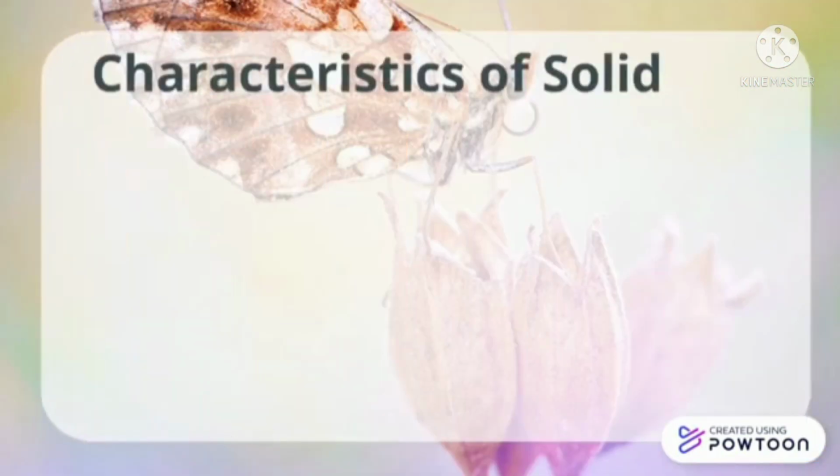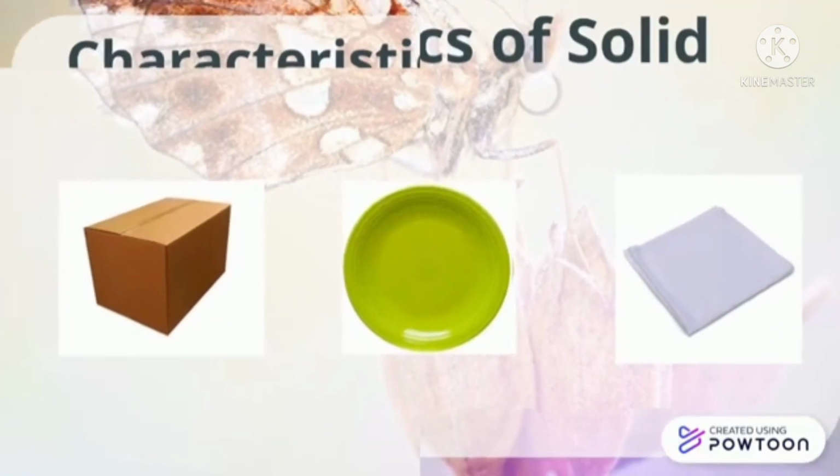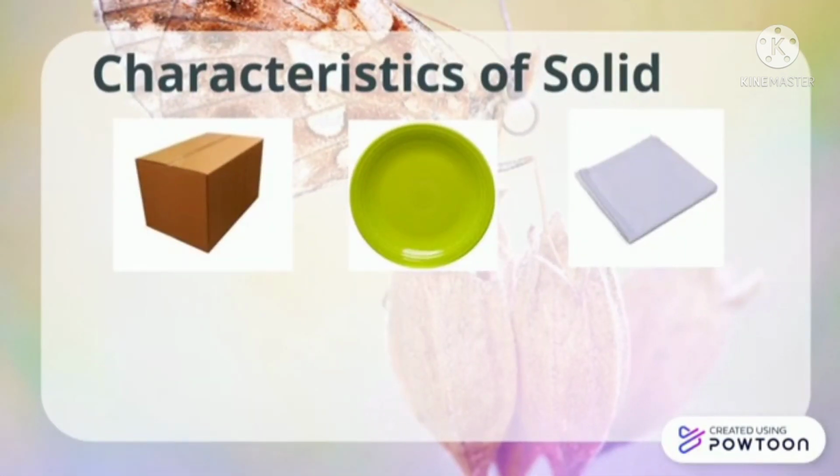Solid has its own characteristics. The box, plate, and napkin have their own shape. Rectangular shape for the box, square for the napkin, and rounded for the plate. If you put these objects in another place, will their shape change? Solids do not follow the shape of the container or the place where you put them.